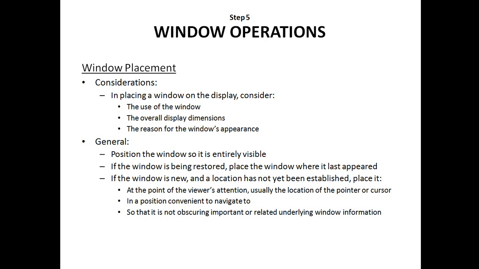We are interested in considering how a window is used in relation to the other windows, the overall display dimension, and the reason, for what purpose this window is being presented. That is the window's appearance here.